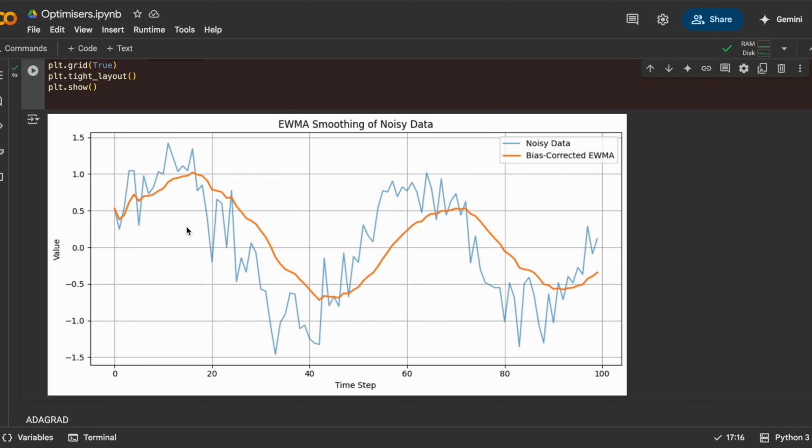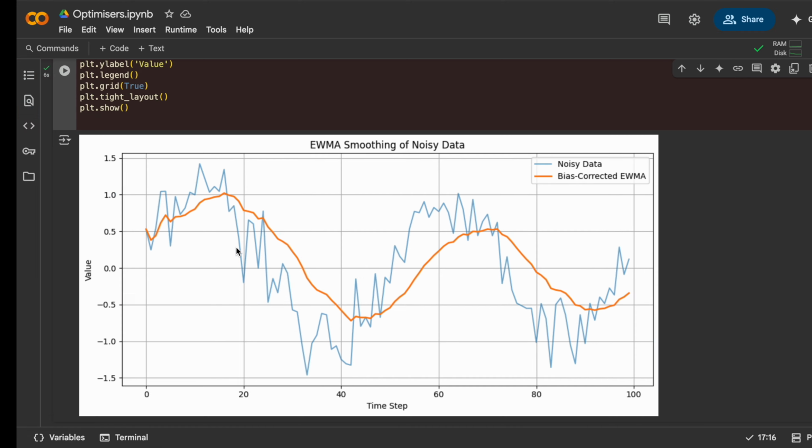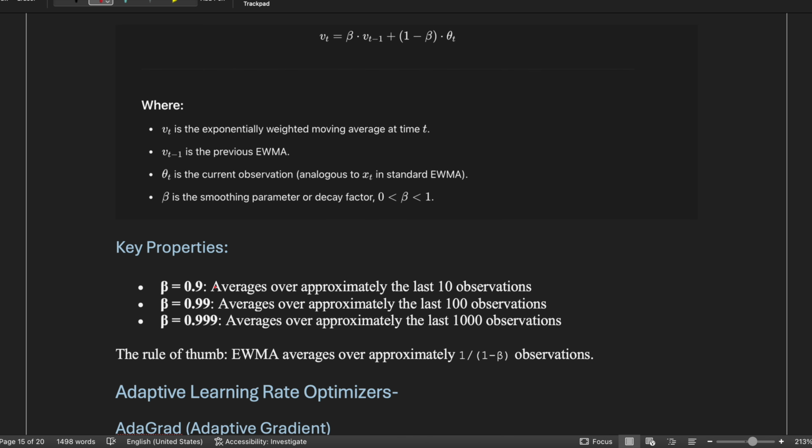This is our EWMA, bias corrected. I will tell you about that later, but just understand it is our EWMA. You can look at different values of beta, like beta equal to 0.1. The rule of thumb written here is that EWMA averages over approximately 1 upon 1 minus beta observations.